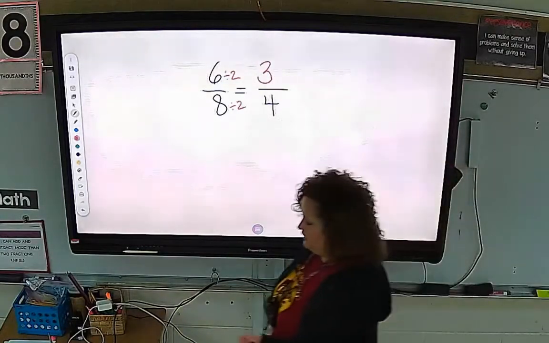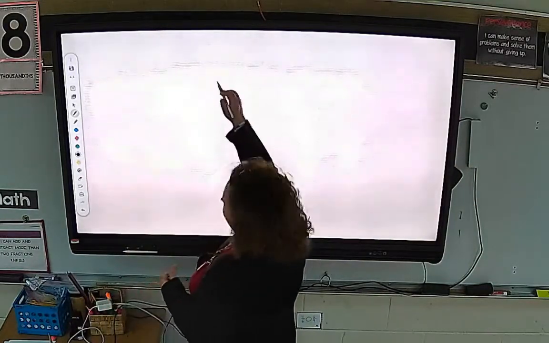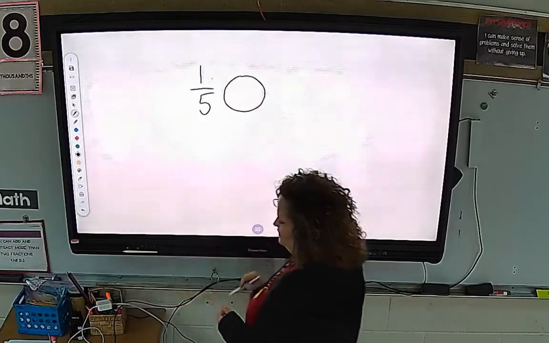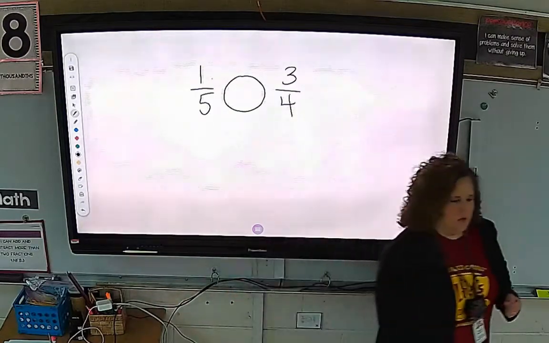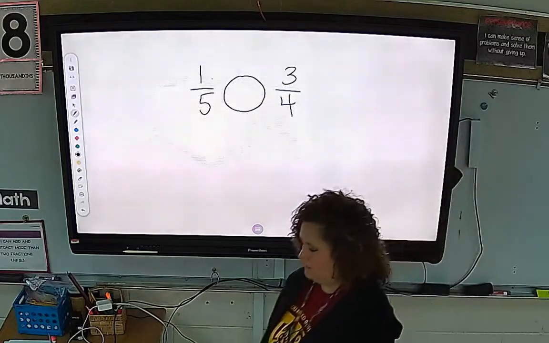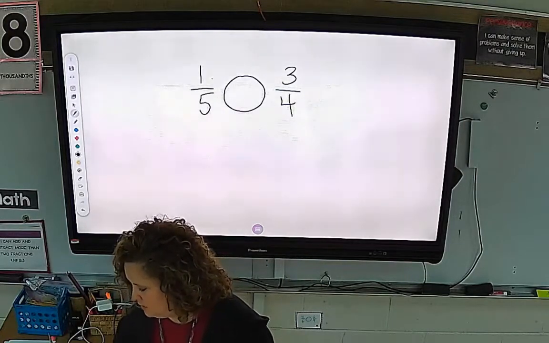Okay. All right, what if I put this on the board? Still staying with fractions. Okay, now there's that big open space there that we're trying to compare these two fractions. You got lots of strategies you could use to compare. You can choose the method that you prefer. I want you to see if you can remember it.